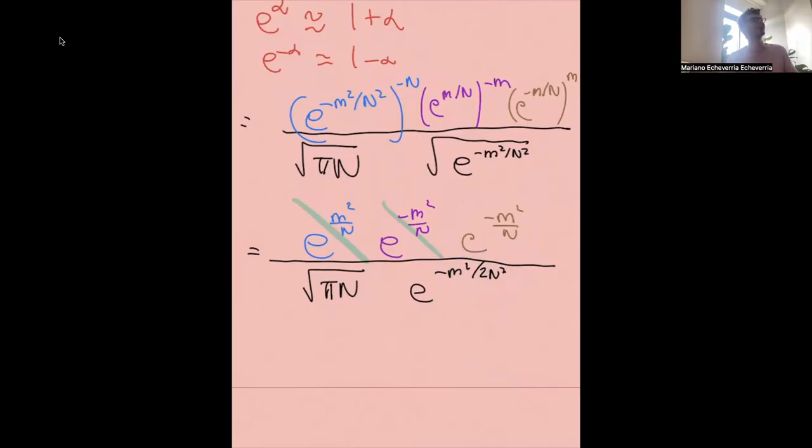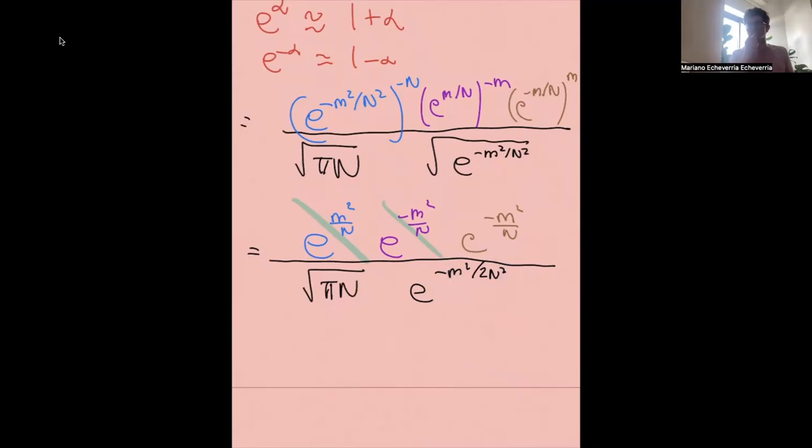So if you want to get the standard exponential, you can just clip the numerator, because this exponent is closer to zero a lot faster than the other one.